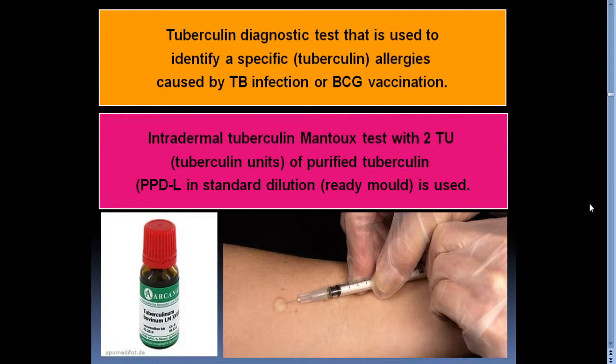The intradermal tuberculin Mantoux test with 2 tuberculin units of purified tuberculin in standard dilution is used. This is a specific allergen.